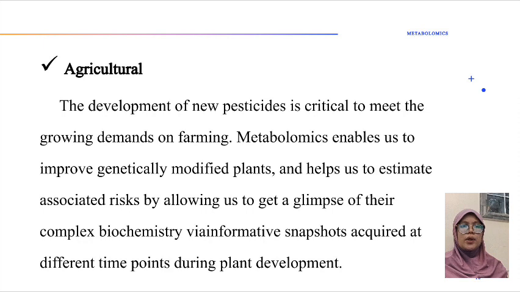Metabolomics enables us to improve genetically modified plants and helps us estimate associated risk by allowing us to get a glimpse of their complete biochemistry via informative snapshots acquired at different time points during plant development.